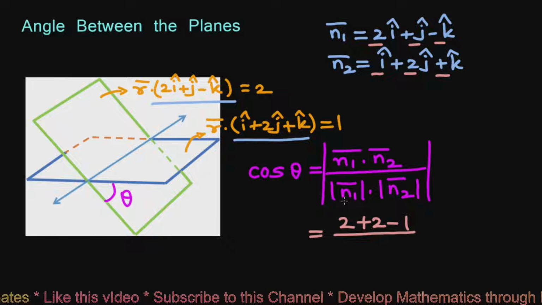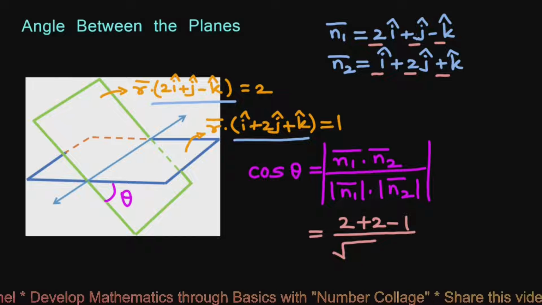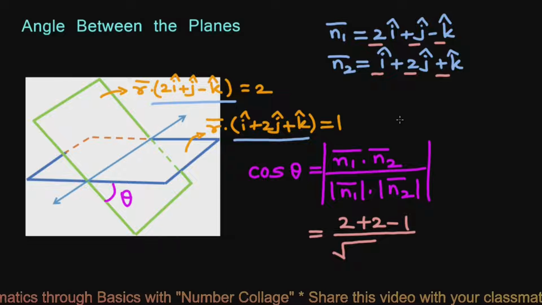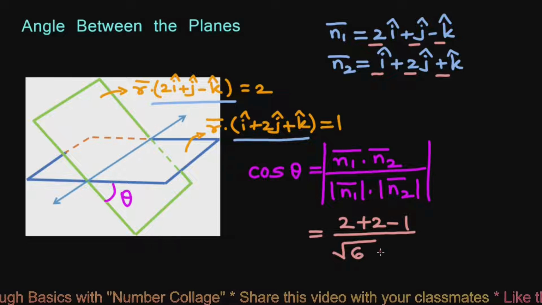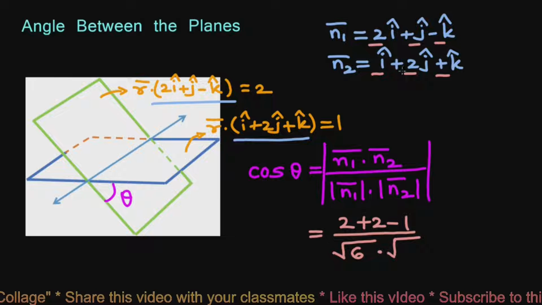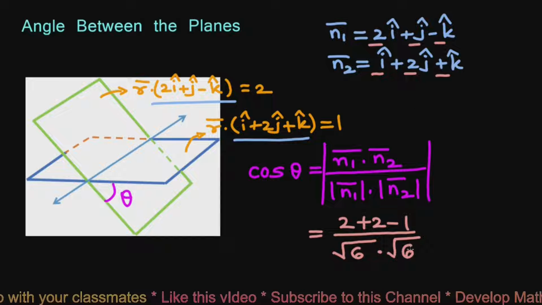Upon mod n1 bar, which will be square root of 2 square that is 4, plus 1 square that is 1, plus minus 1 square that is 1, that will be root 6, multiplied by square root of 1 square that is 1, 2 square is 4, 1 square is 1, so that will be root 6.